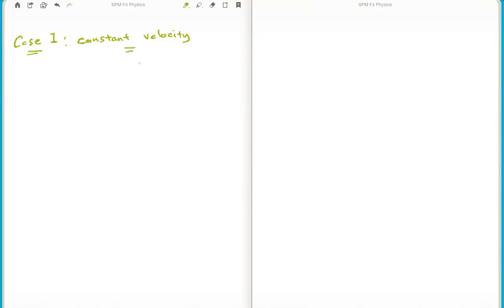What happens is the acceleration of the object is 0. Acceleration a is 0. Now you may ask why and how.